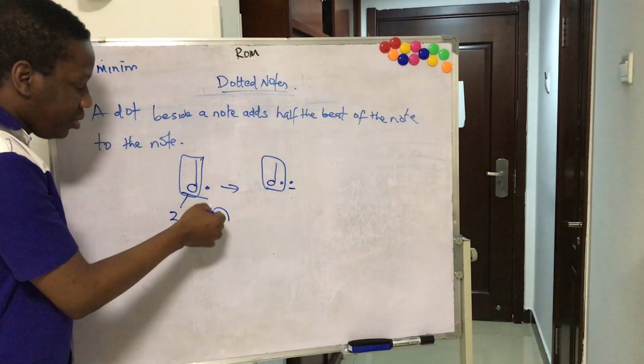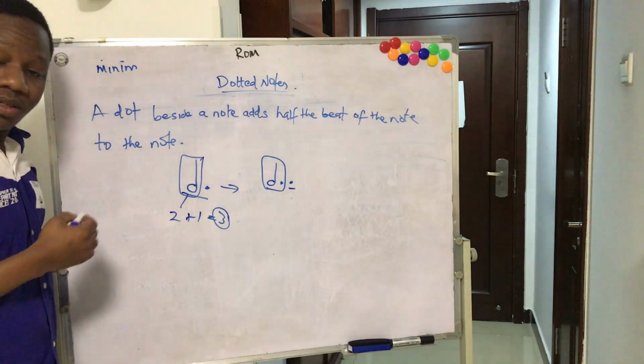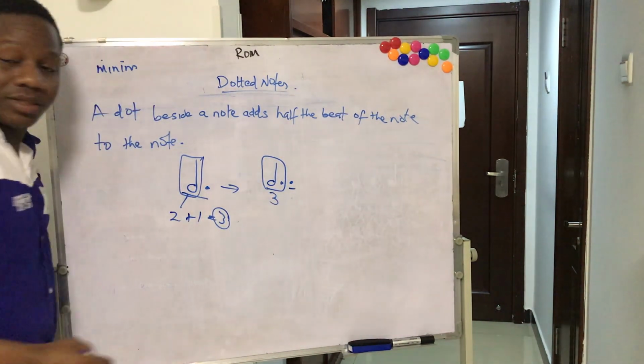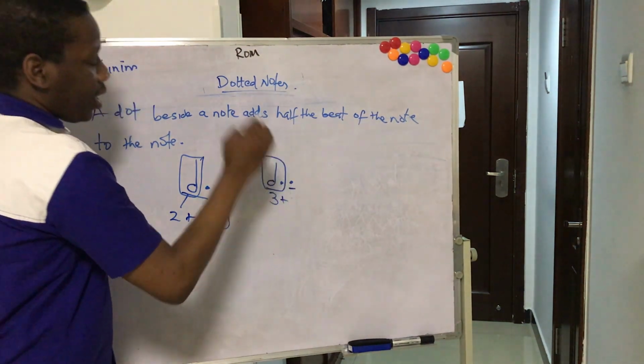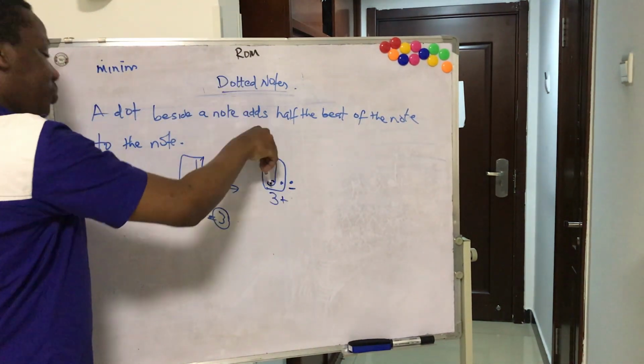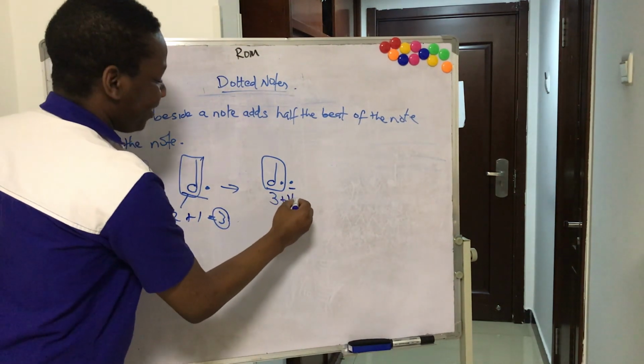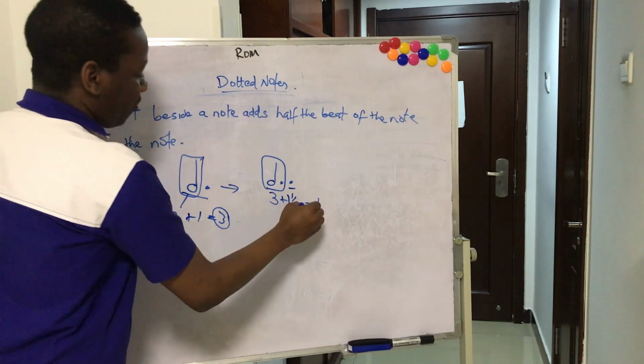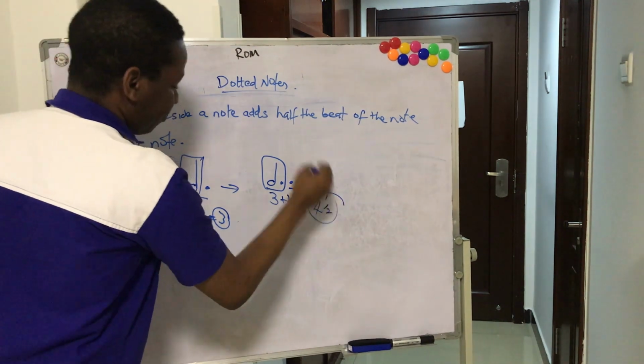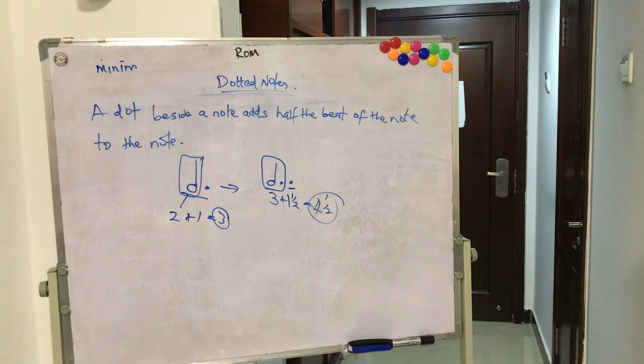We've established the dotted minim to be 3, plus half of this note, so 1.5, which is 4.5.